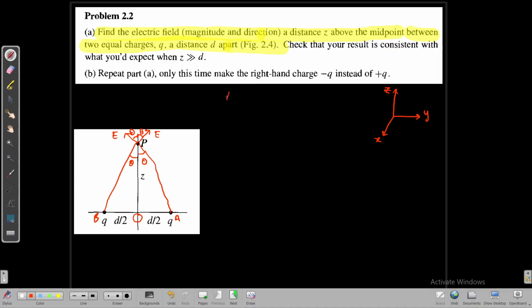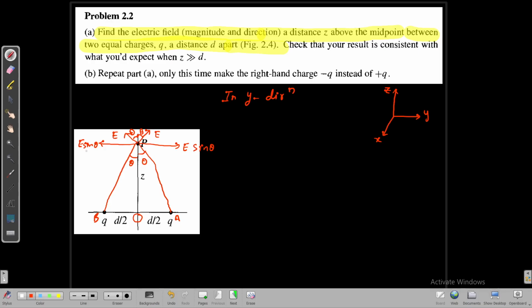When I take components in the y direction, this will be the component and this will be the component. The magnitude will be E cos theta. Sorry, that will be E sin theta, and this is E sin theta.